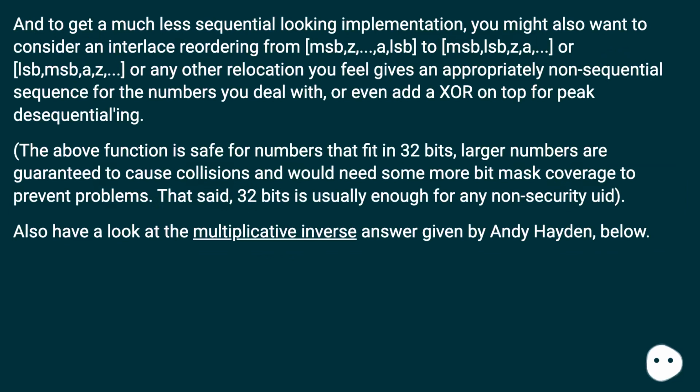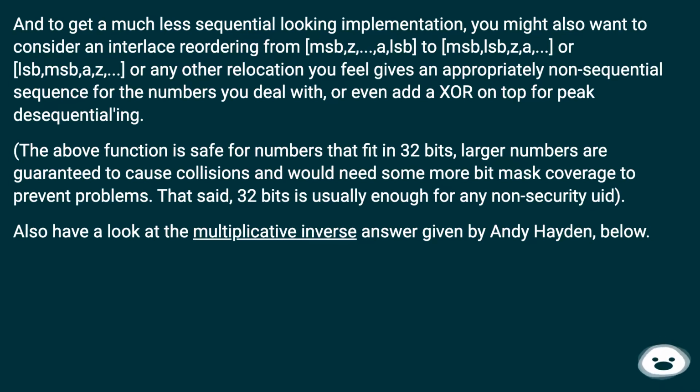And to get a much less sequential looking implementation, you might also want to consider an interlace reordering from MSB, Z, A, LSB, to MSB, LSB, Z, A, or LSB, MSB, A, Z, or any other relocation you feel gives an appropriately non-sequential sequence for the numbers you deal with, or even add a XOR on top for peak desequentialing.